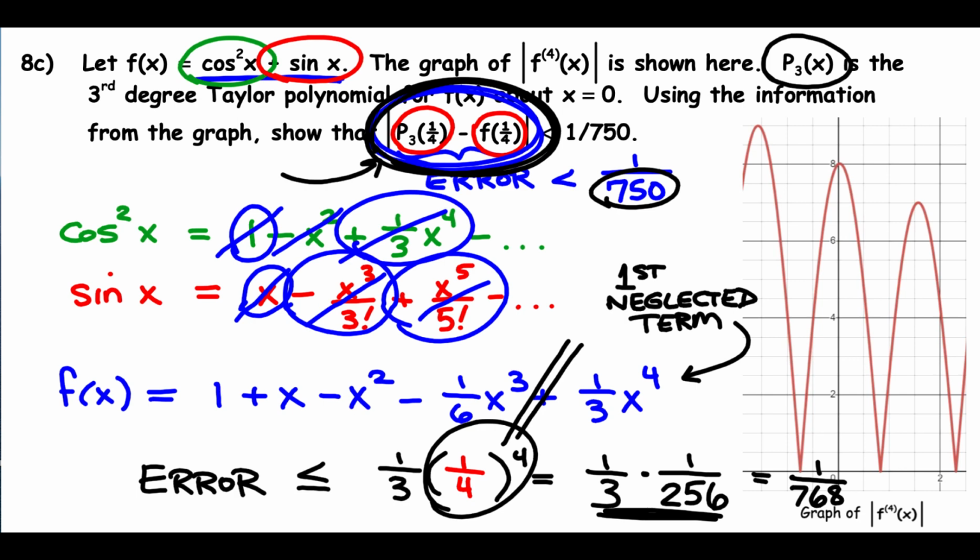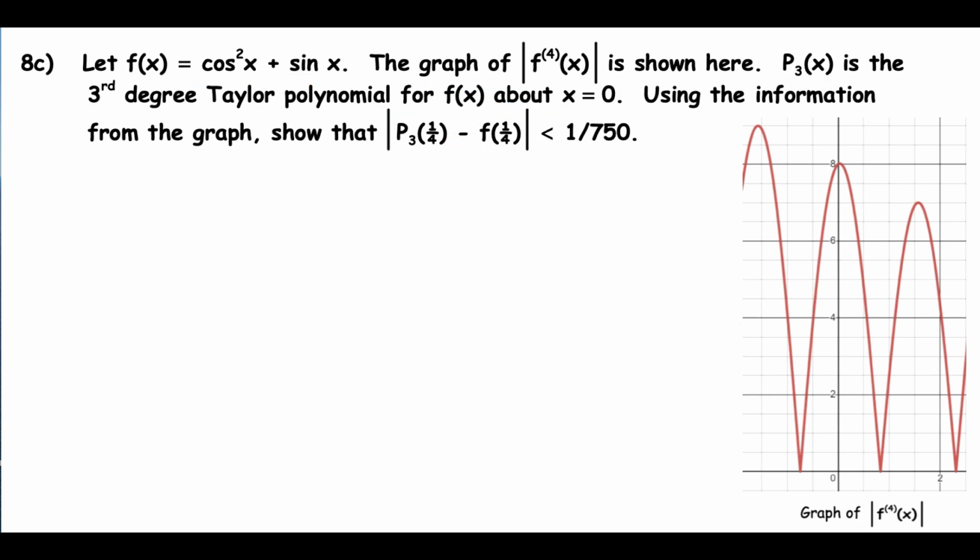Here goes. Our alternate explanation, again, this is still the error here, would be to say, if we're doing the third degree Taylor polynomial, then the fourth degree term is still the first neglected term. Here's the fourth degree term.